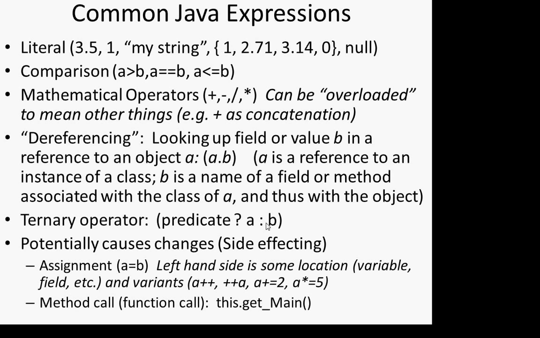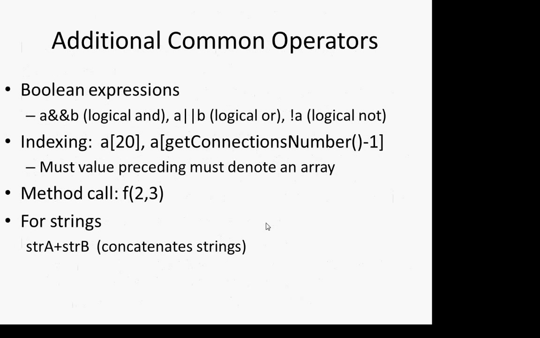Okay, so here are some additional operators you'll see. A and B is a logical and. So A and B should evaluate to a Boolean, and it returns true if and only if A and B both evaluate to true.